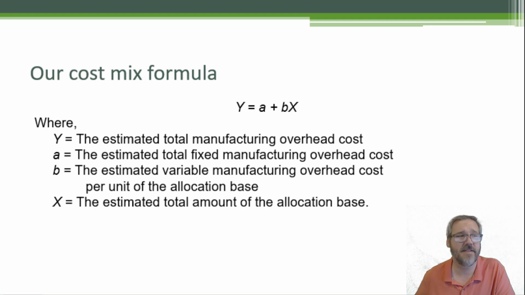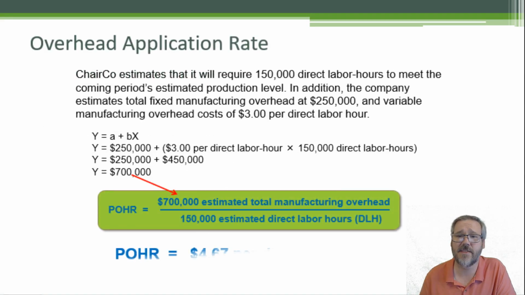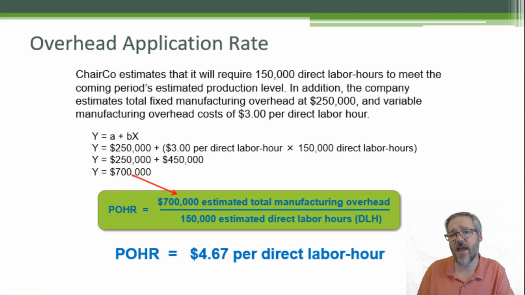Let's say in this example, I've got Chairco. They estimate 150,000 hours worth of direct labor to meet the coming period's estimated production level. This is to say that, maybe based on historical data, I have decided that I'm going to need 150,000 direct labor hours to complete the amount of products that I want to complete during this period.